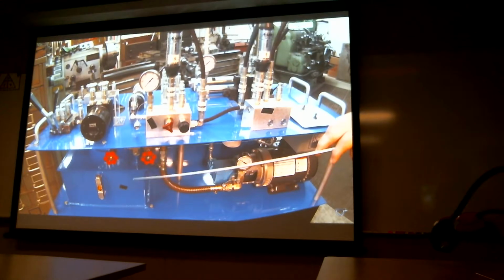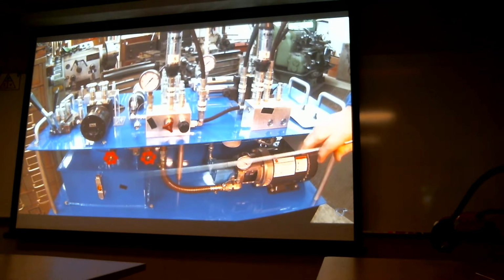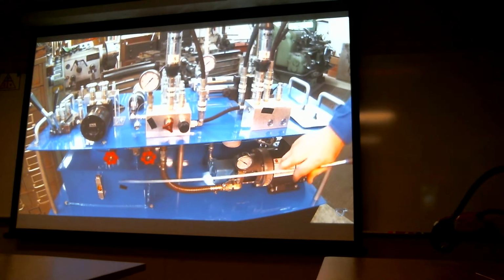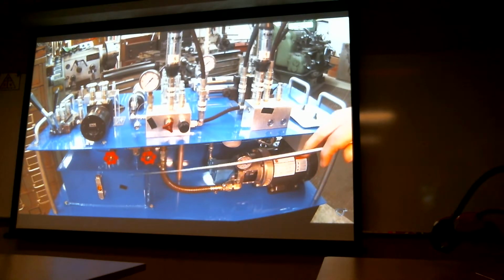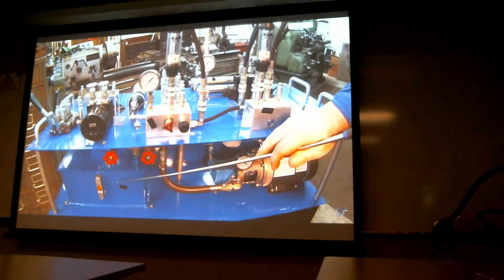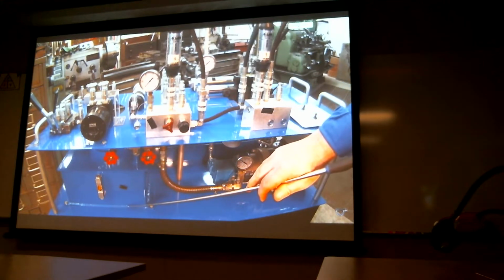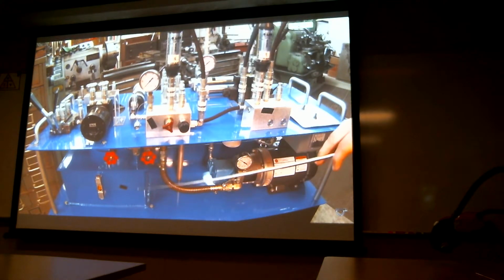When the oil comes back, it's very turbulent and has air bubbles mixed in with it, so it allows the air bubbles to rise to the top. And when the oil comes back, it's got contamination mixed in with it, and it allows the contamination to fall to the bottom. So the reservoir does lots of things, so just making sure people understand that.